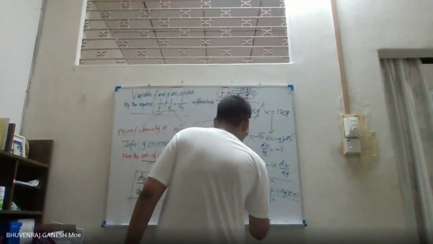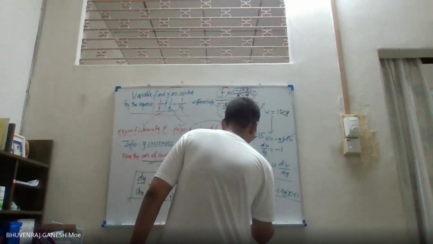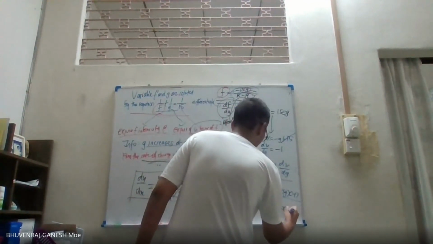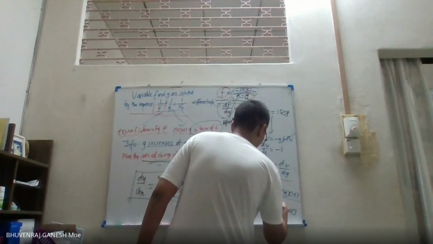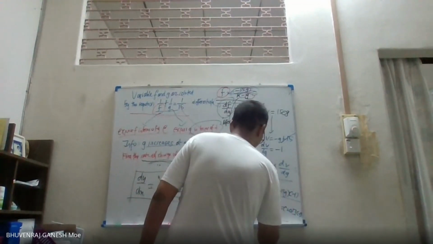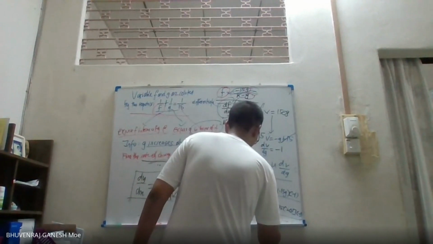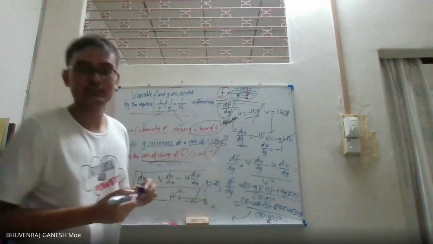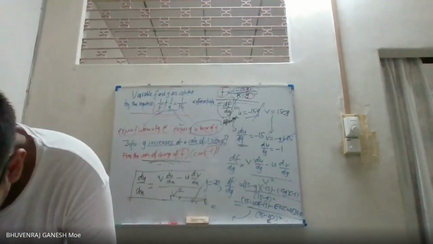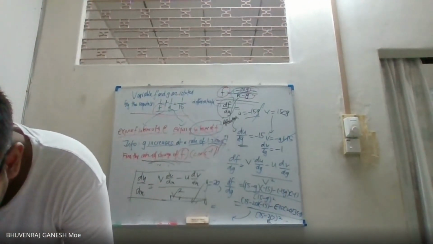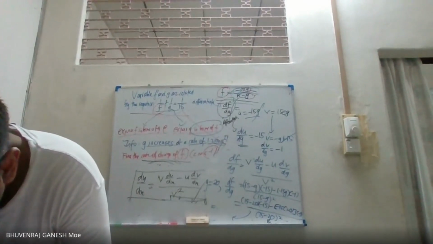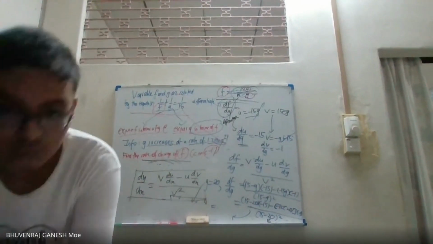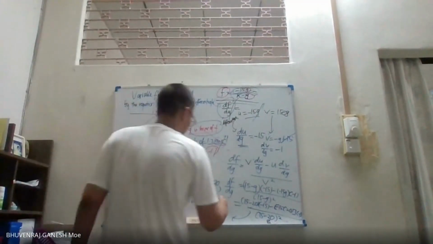So what you get is 15 minus 20, negative 15, negative 15, 20, negative 1 over 15 minus 20 squared. So your final answer is, you press the calculator and see. I will get negative 10.8.